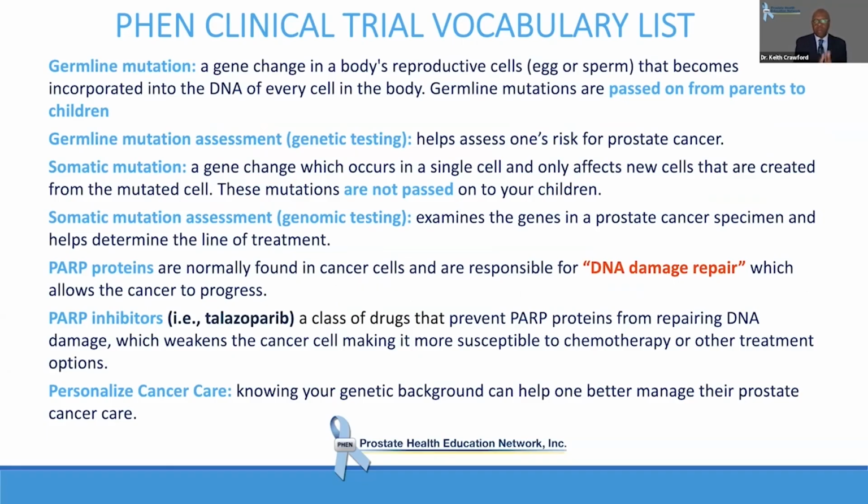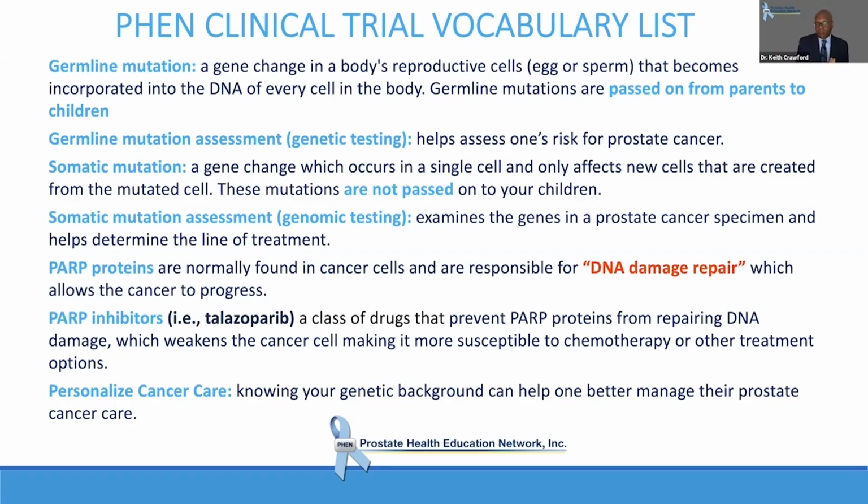Germline mutations are gene changes in your body, and they normally take place in the reproductive cells of the body, the egg and the sperm, and they're incorporated into the DNA of all the cells of the body. So germline mutations are found in all the cells of the body, and they're passed on from the parent to the children.